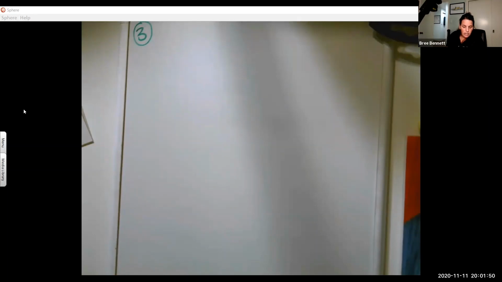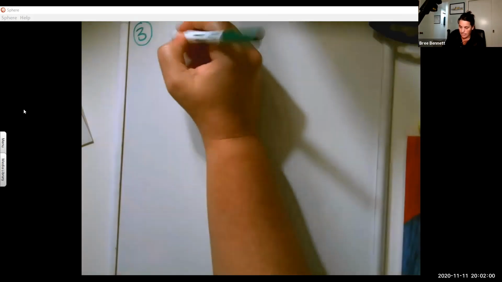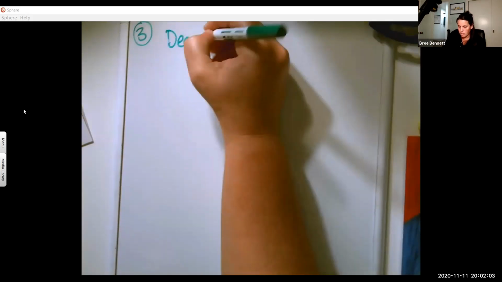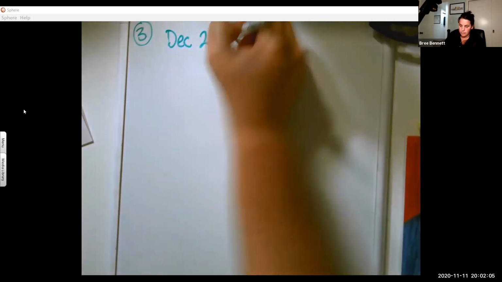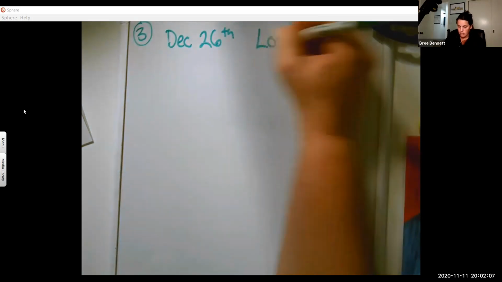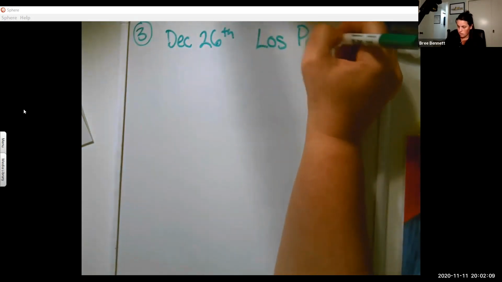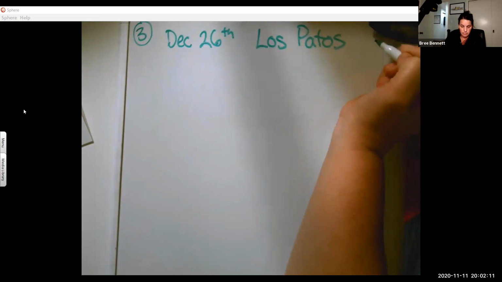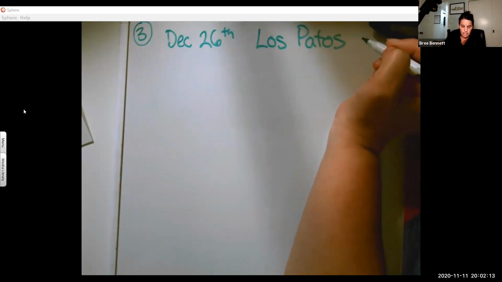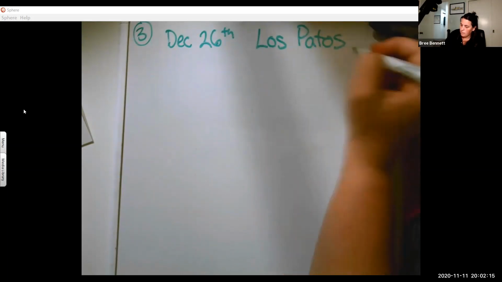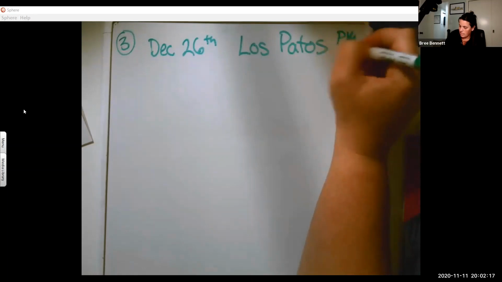When and what are the evening tides on December 26th in Los Patos? So we are looking at December 26th, Los Patos, and we are looking at the PM tides.